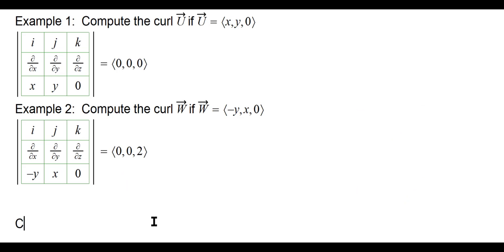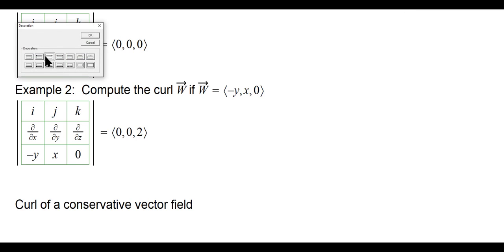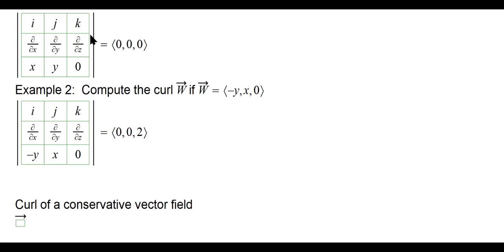Now, let us see what the curl of a conservative vector field is. Remember, a conservative vector field F is a vector field such that it can be written as the gradient of a scalar function.